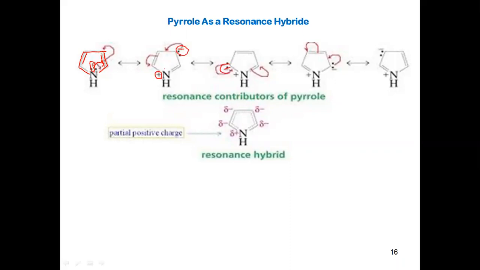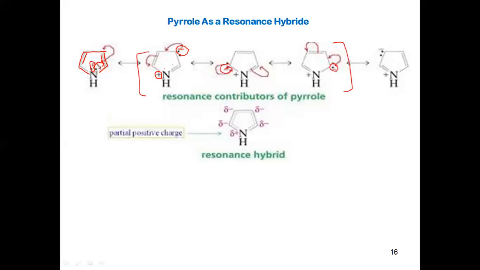Okay, now you can see here, again there is a pi bond in conjugation, so this negative charge delocalizes and again comes onto this carbon. In this way you can see different resonating structures are obtained due to the delocalization of the lone pair of electrons of nitrogen with the pi bonded conjugated system.